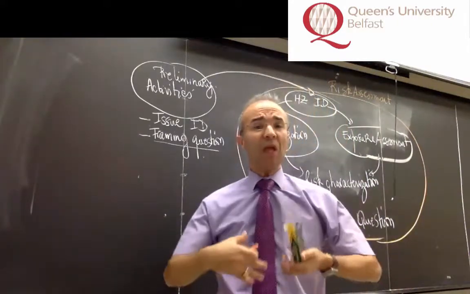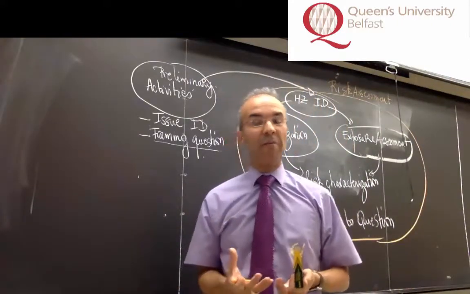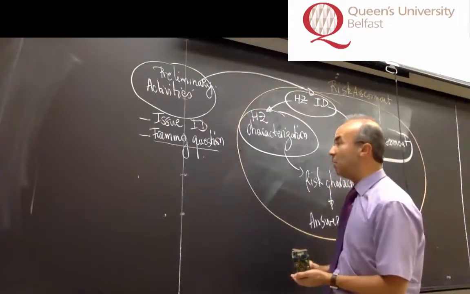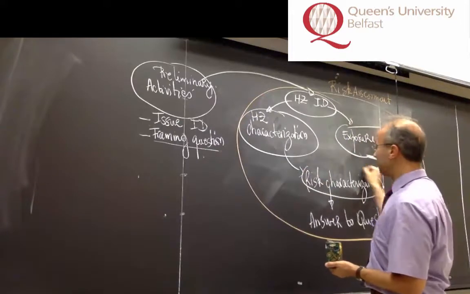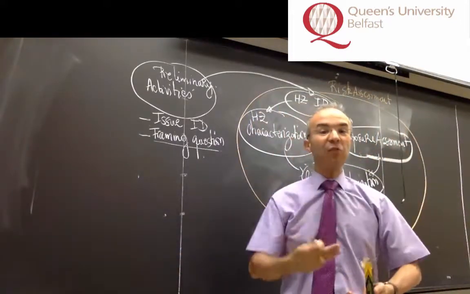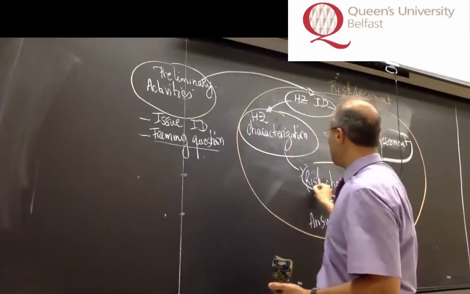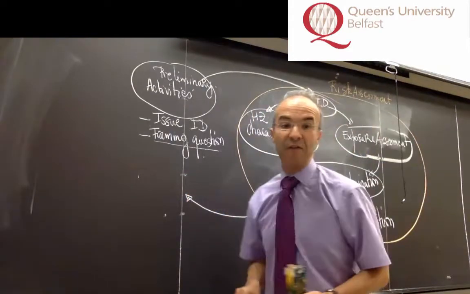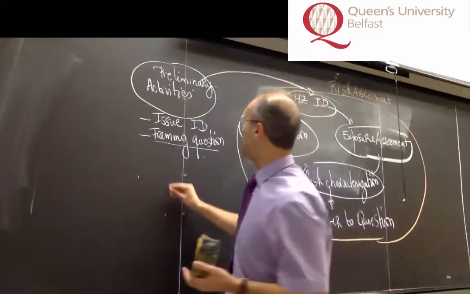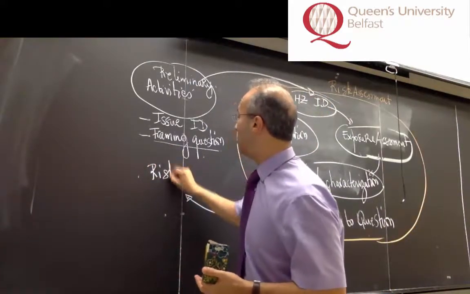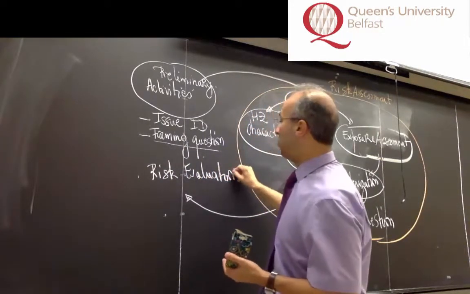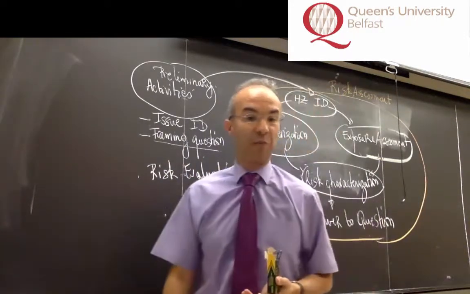From there, from the risk characterization element, what happens is the risk manager is provided with the answer, and the risk manager is therefore looking at an evaluation of the risk. So in fact, here we have risk evaluation that is provided to the risk manager.